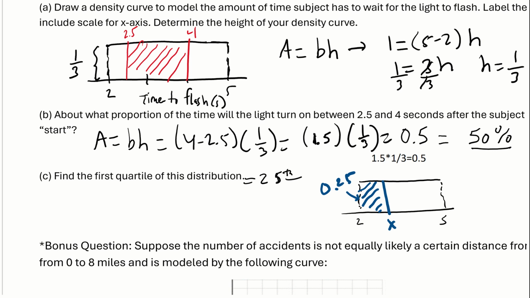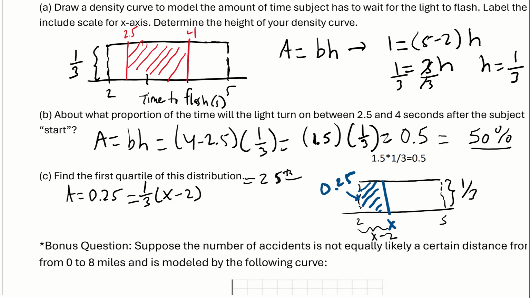So the area of this blue rectangle has to be 0.25, and we find it by doing base times height. So the base here is x minus 2. Whatever the x value is, minus 2 gives me my base. And my height, remember my height was 1/3, right? So it's x minus 2 times 1/3.